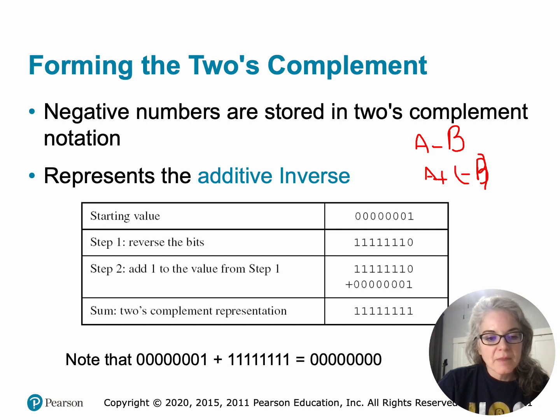This would then be the 2's complement representation. This number would be the 2's complement of this value. So that's our additive inverse.